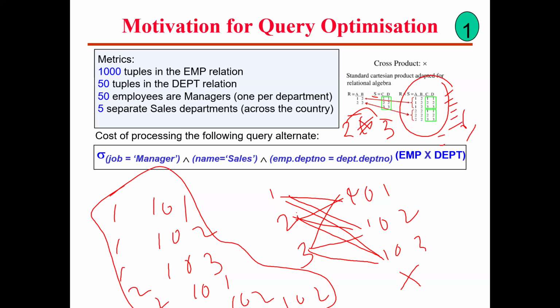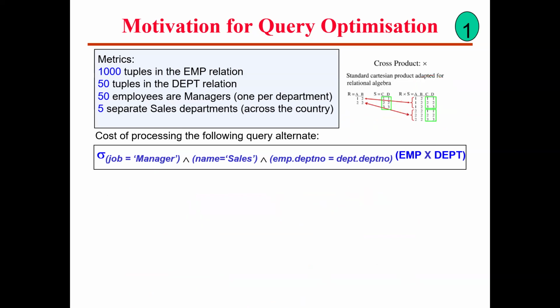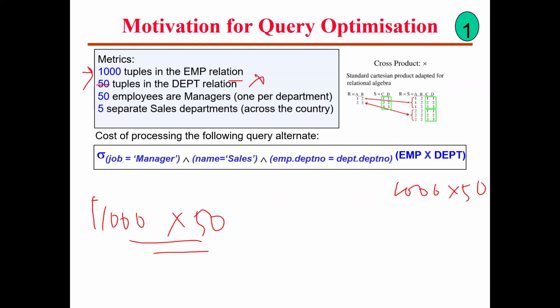Now, if you have, for example, 1,000 rows in the employee relation and 50 rows in the department, then the cross product will create another table with how many rows? 1,000 multiplied by 50. So big, right? These many records are created at this point itself.